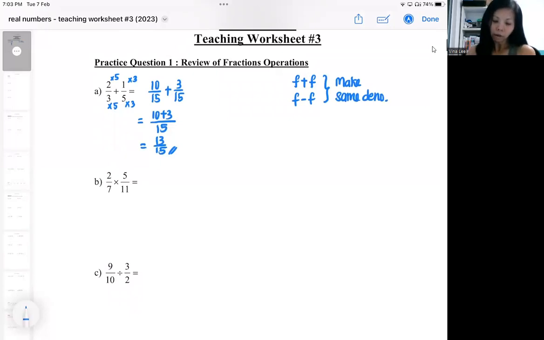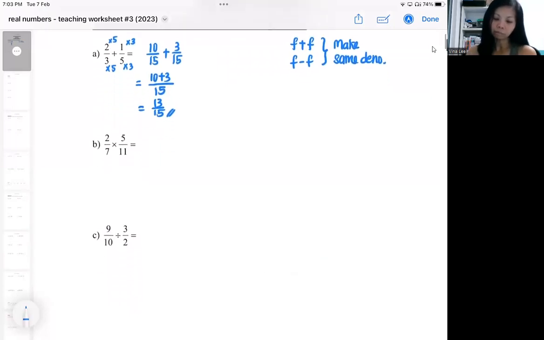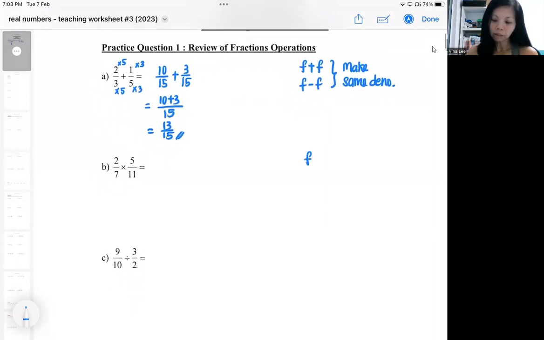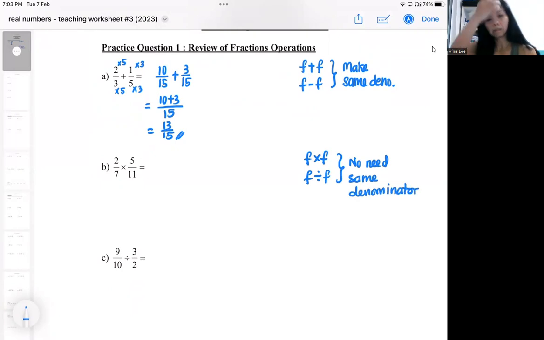Okay, then for multiplication and division, for fraction times fraction, or fraction divided by fraction, we don't need the same denominator. But this is the one that a lot of students get confused. Sometimes they also make the same denominator.